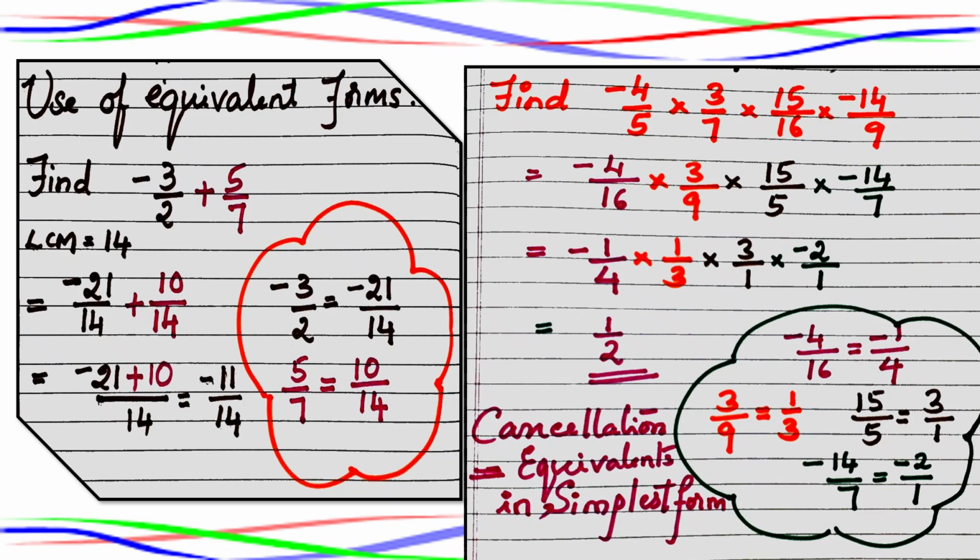Consider another example, multiplication of rational numbers. Two rational numbers among 4 are negative and 2 are positive. When we multiply, we don't take LCM, we cancel. Already it is practiced, because fraction forms we have done already, and only the sign may be negative as these are rational numbers.